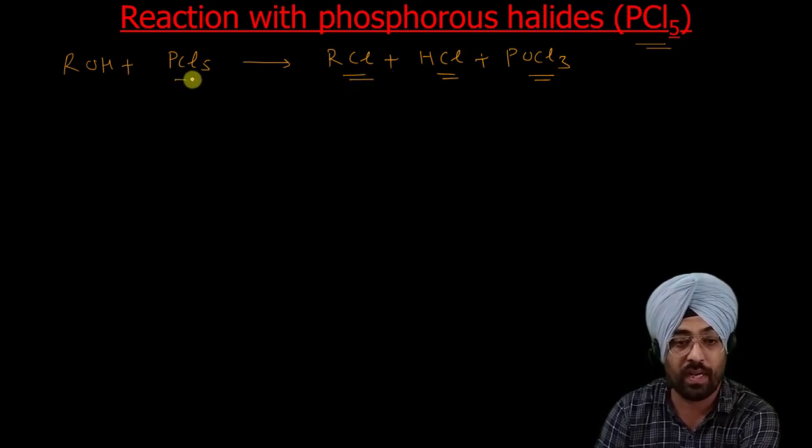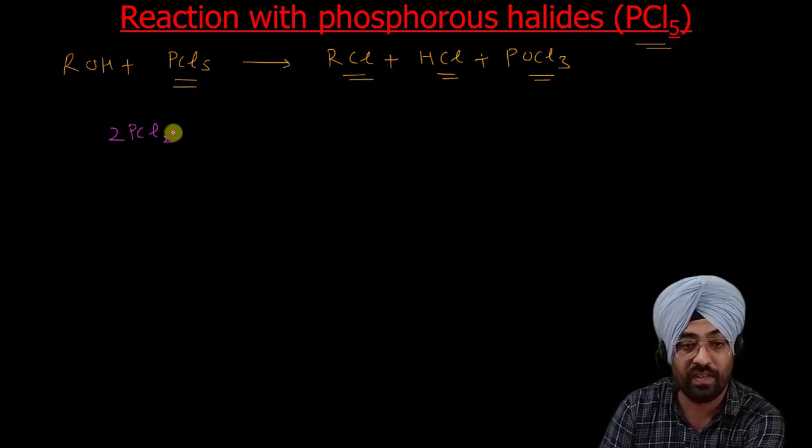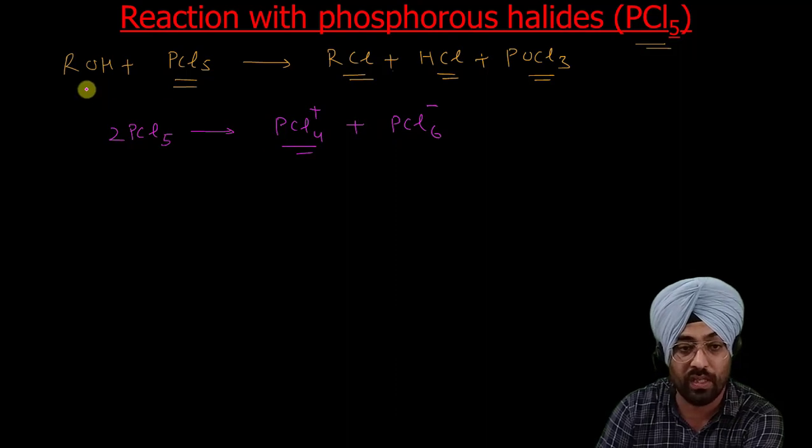Now let us write the mechanism. The first step is autoionization of PCl5. PCl5, upon autoionization, gives you PCl4 positive plus PCl6 negative. The alcohol reacts with PCl4 positive. Now let us write that step here.